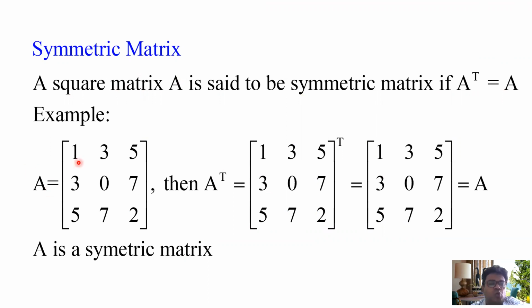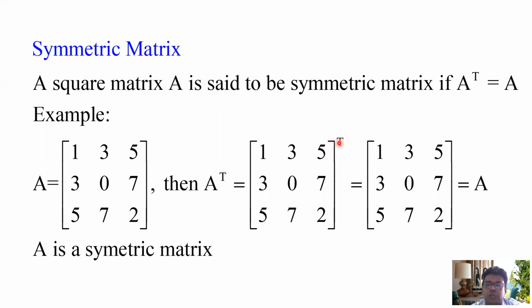A is equal to [1, 3, 5; 3, 0, 7; 5, 7, 2]. Then A transpose is the transpose of this matrix.